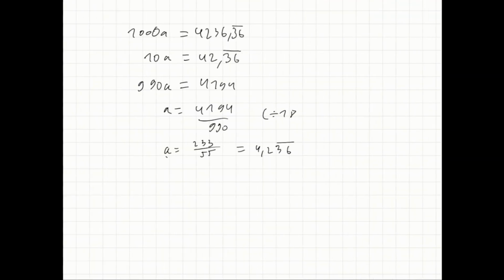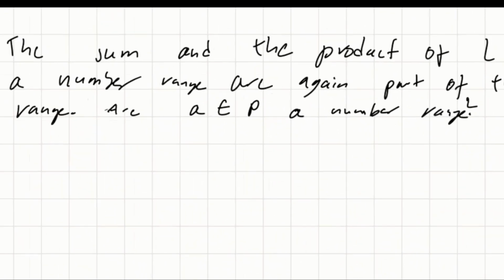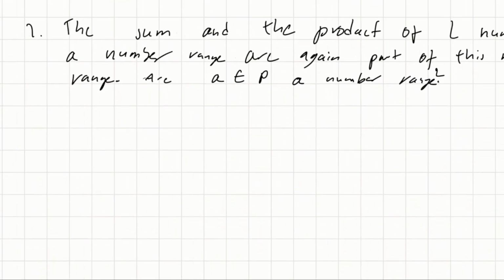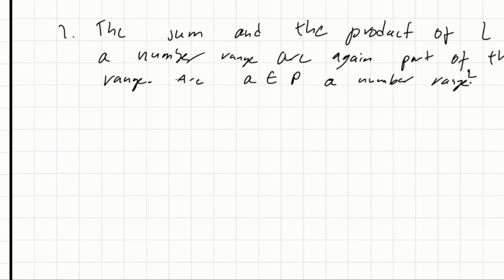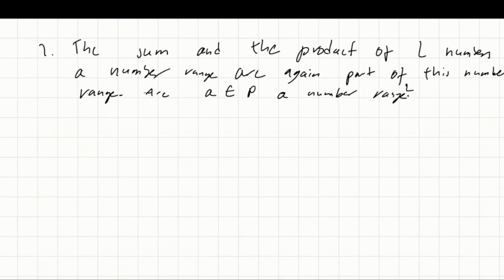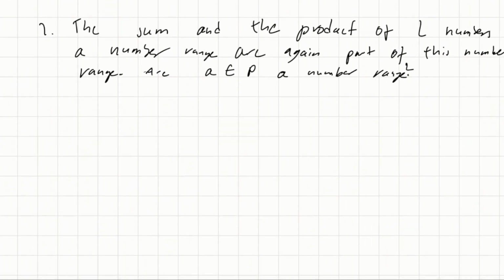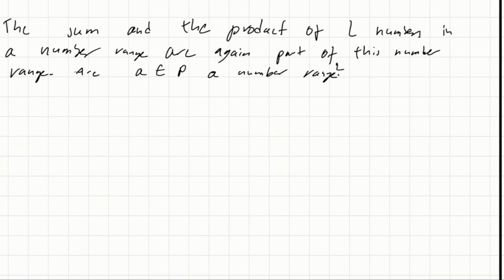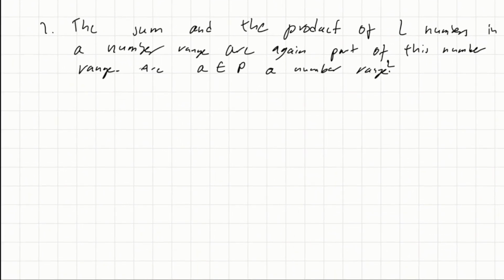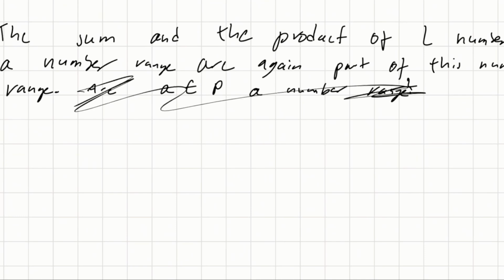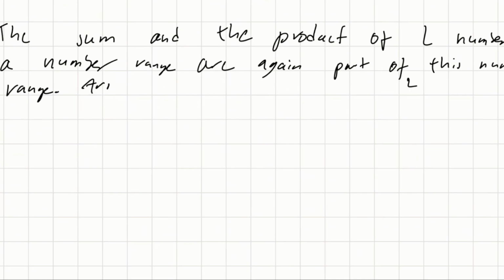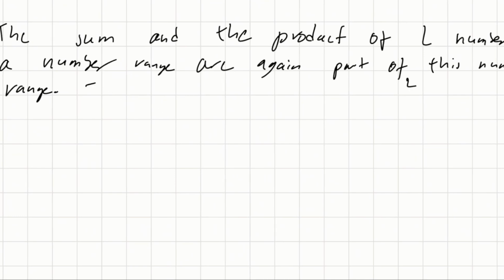So this is the whole thing you need to know about number sets for the beginning. Let's get to the exercise. The sum and the product of two numbers in the number range are again part of this number range. Let's say A is all the irrational numbers in the number range.